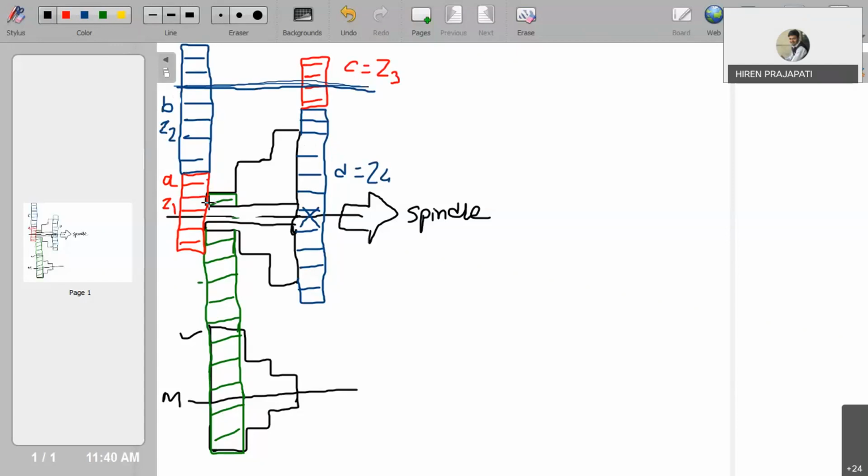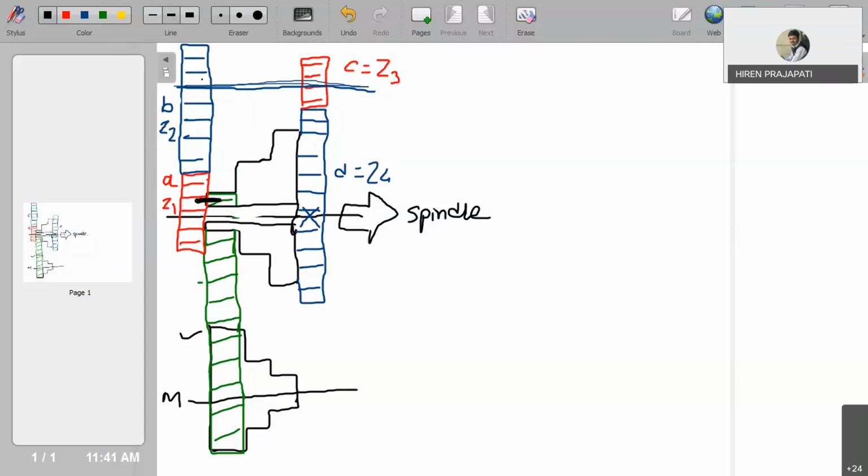Okay, now this pulley is connected with gear A permanently. This pulley is connected with gear A, but gear A is again loose fitted on spindle shaft. So there is no direct power, motion transmission from A to spindle, right? So this is again loose fitted, but A and this pulley both are connected, right?